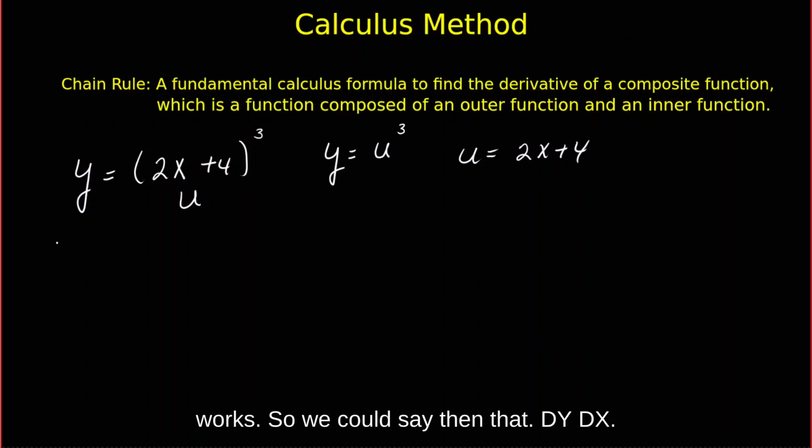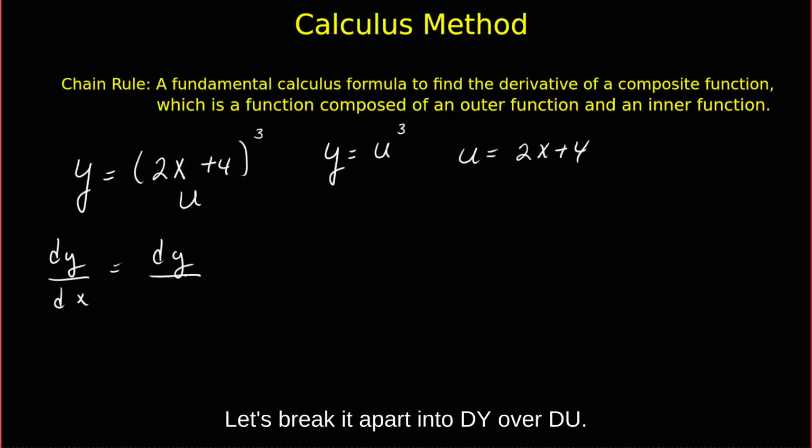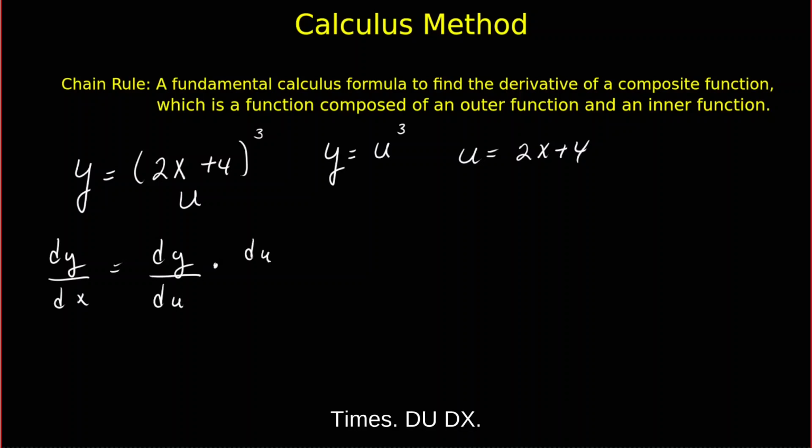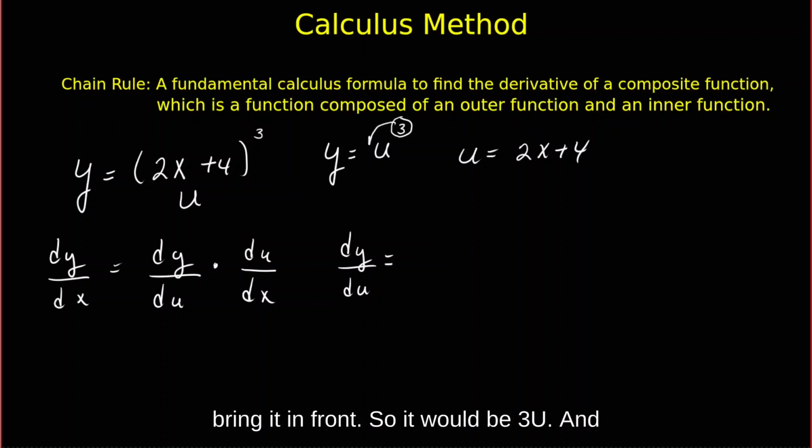So we could say then that dy dx, let's break it apart into dy over du times du dx. So we could say then that dy du, okay, so let's take this 3 here, just bring it in front, so it'll be 3u, and let's subtract 1, so 3 minus 1 is 2.